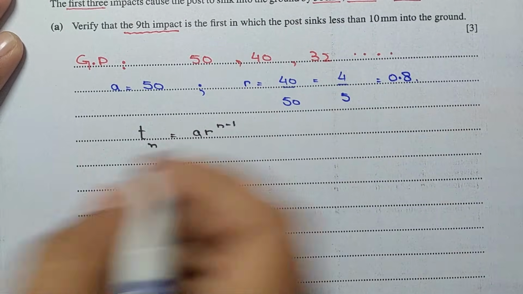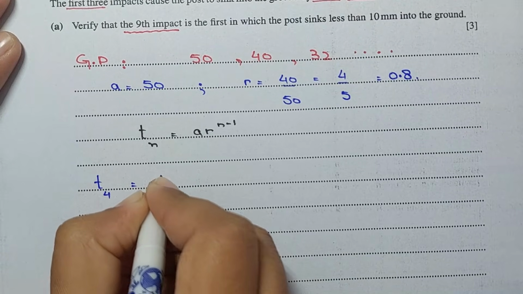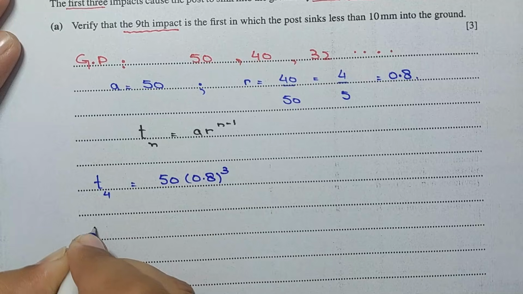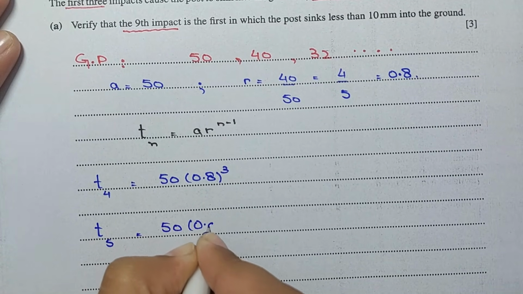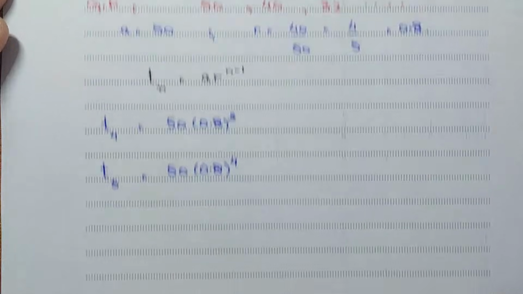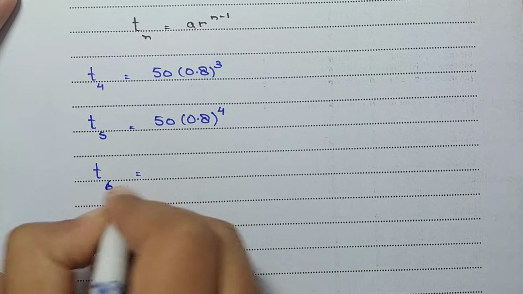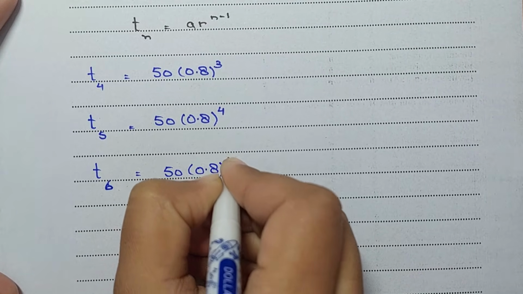Okay, the first three terms are given. Now for the fourth term, a r to the power 3. For the fifth term, a r to the power 5 minus 1, which is 4. For the sixth term, we have a r to the power 6 minus 1, which is 5.